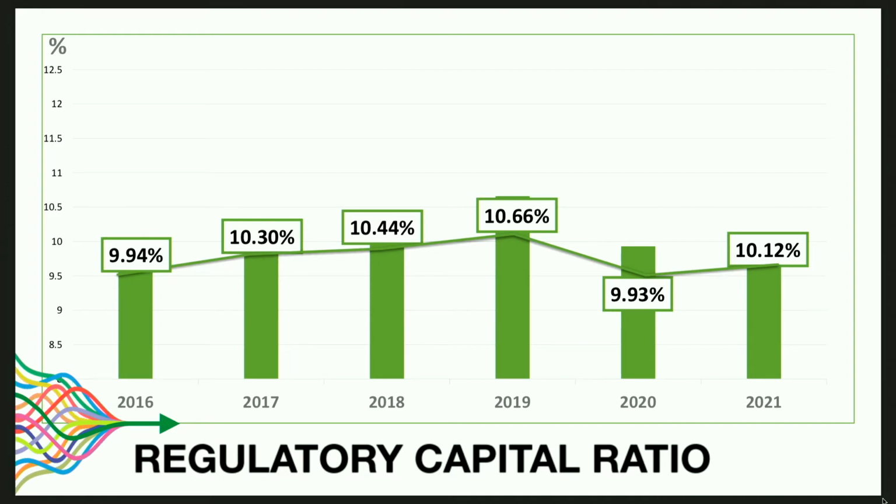So normally when our assets grow as much as they did in 2021, our capital ratio would decline a bit, as we did see in 2020. But record earnings fed our capital enough to lift our ratio from 9.93% of assets to 10.12% at the end of 2021, as you can see in the chart that we're looking at now.